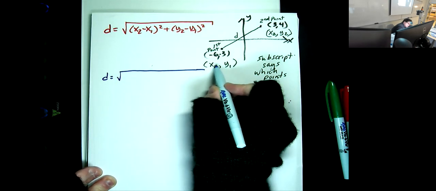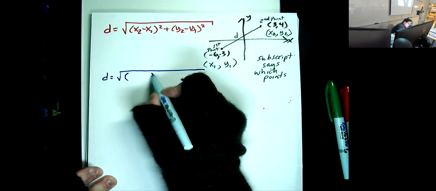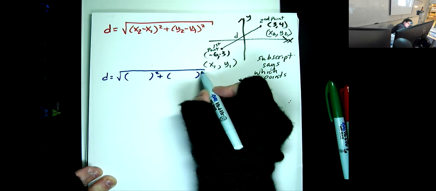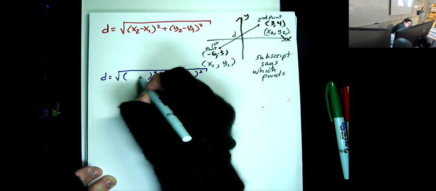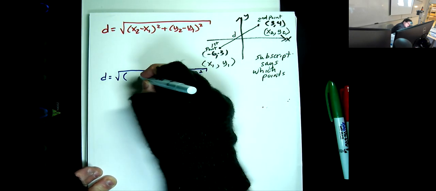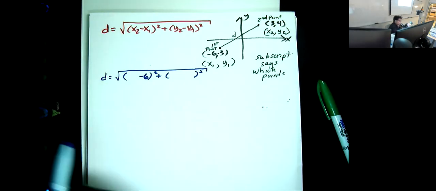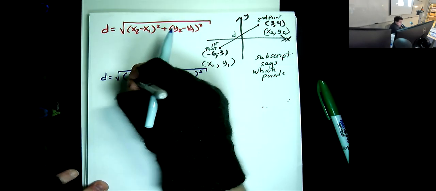I've said x1 is -6, and x1 goes right here. And these were both minuses in the parentheses.